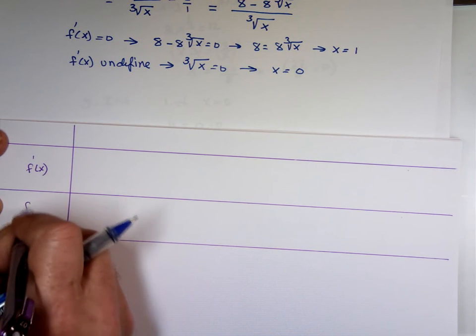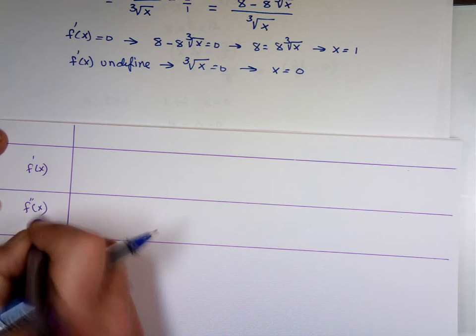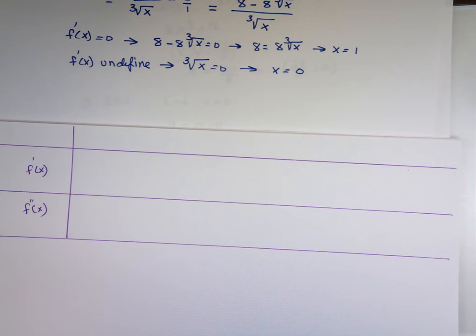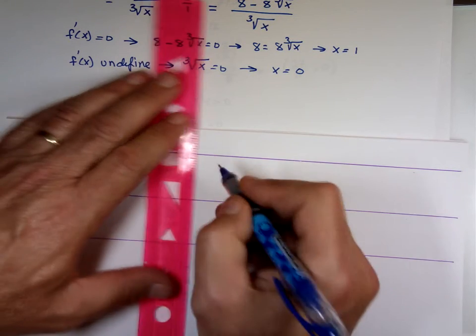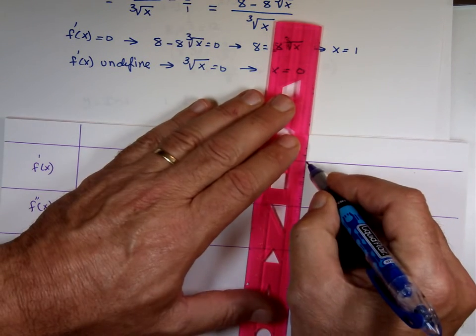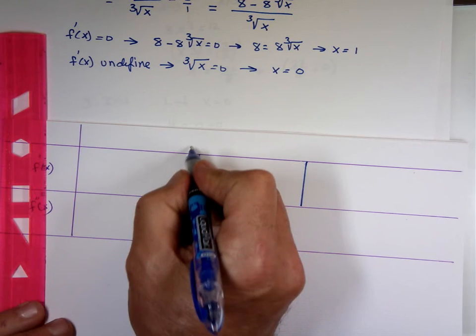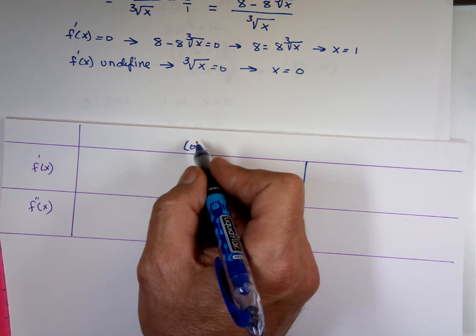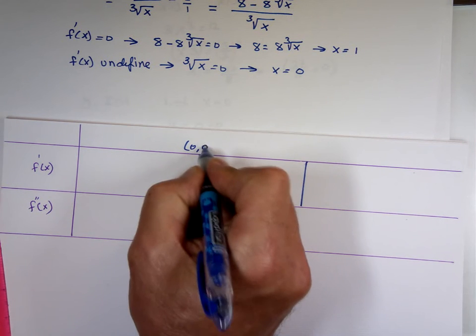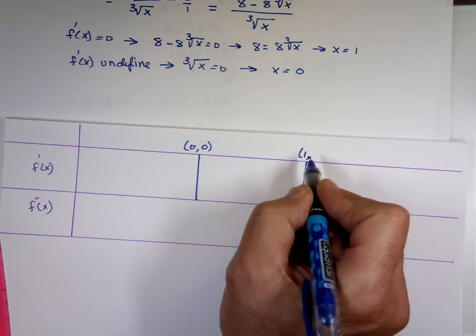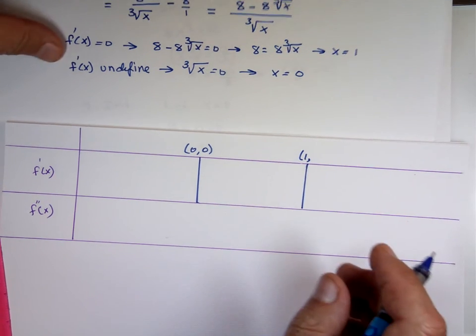I have two critical values, the 0 and the 1. X is 0. I think I found the value when x is 0. What was it? Y is 0. I already did that. The other one, x is 1. And what's the y value when x is 1? Isn't that 12 minus 8? Which is 4.